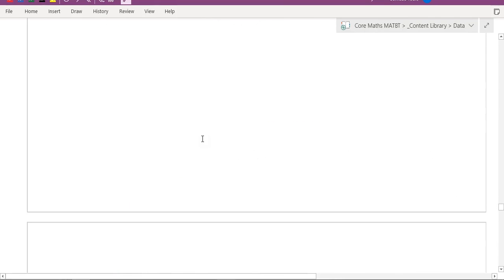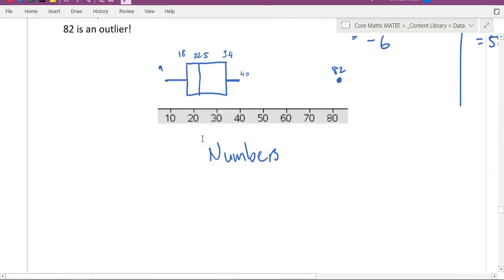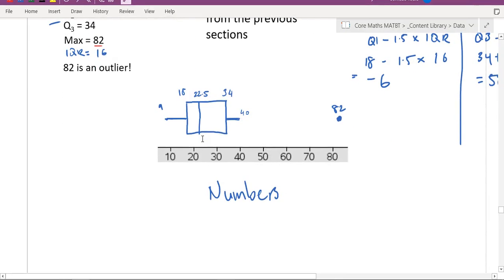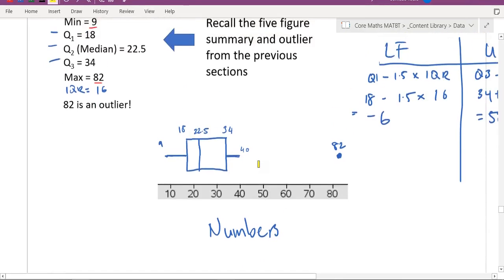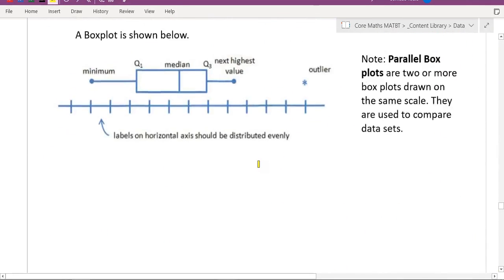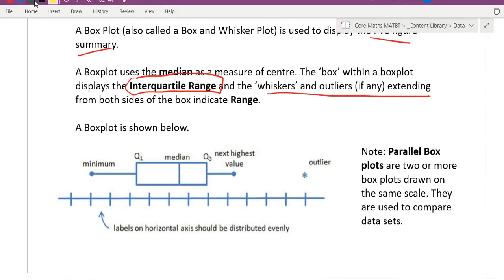So we're going to now look into, the other thing as well is that you need the 5-number summary to make a box plot. If you look at a box plot and what it represents, it represents the 5-number summary. So you've got the minimum, you've got the Q1, you've got the median or Q2, you've got the Q3, and then you've got the maximum.